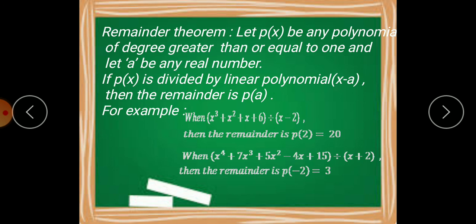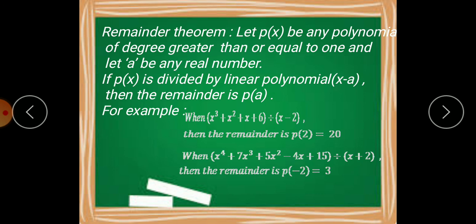If p(x) is a polynomial of any degree greater than or equal to 1, and a is a real number, and this p(x) is divided by a linear polynomial x minus a, then p(x) is the dividend and x minus a is the divisor, then the 0 of the divisor is a and p of a is the remainder.